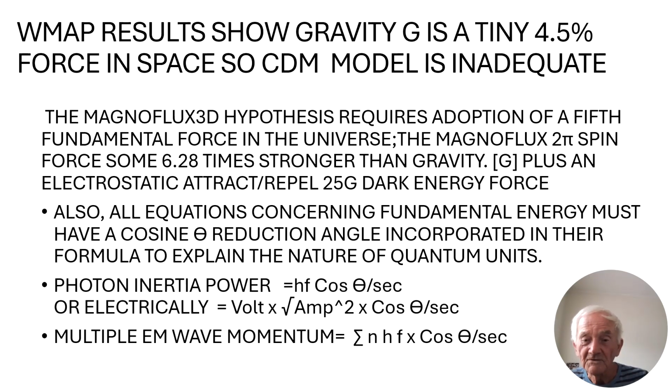The magnoflux 2 pi spin force, which is some 6.28 times stronger than gravity, plus the electrostatic attractive or repelling force of 25 times the gravity force, which we call dark energy force.